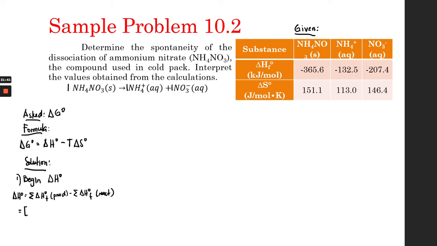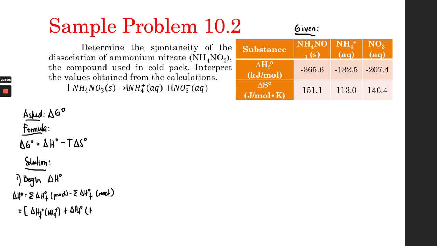So what you're going to end up having is basically equal to, you have your products as NH4 and NO3, so you would have delta H of formation of NH4 positive, plus the standard delta H of formation for another product.